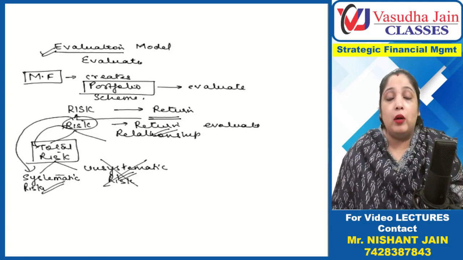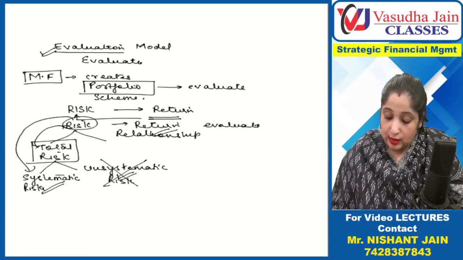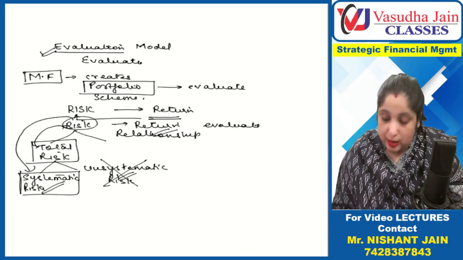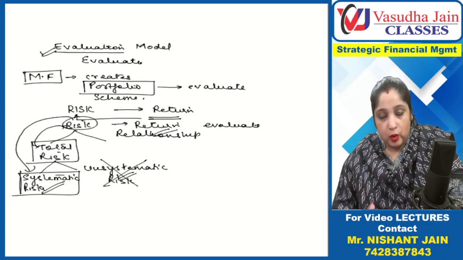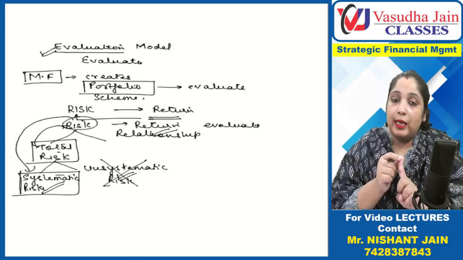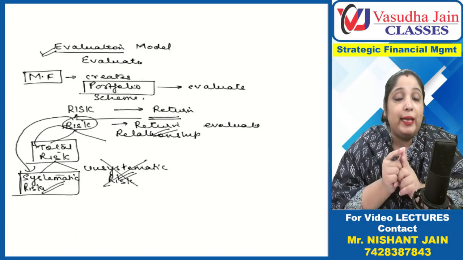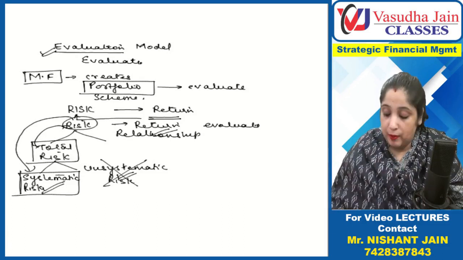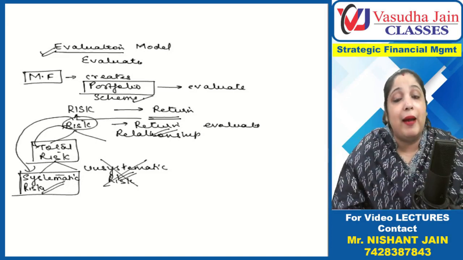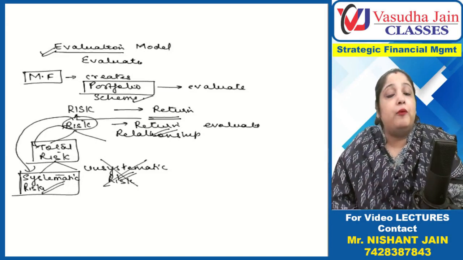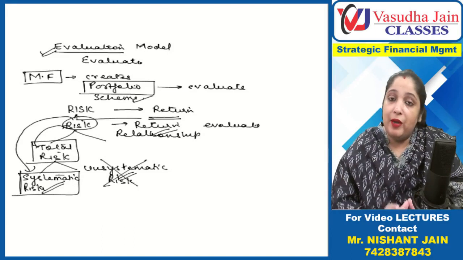The second model, the Treynor model, considers risk as only the systematic risk. So the meaning of risk will change with the models. One thing should be clear: when we are evaluating a mutual fund scheme, we are evaluating the portfolio created by the mutual fund, whether it is performing well or not.